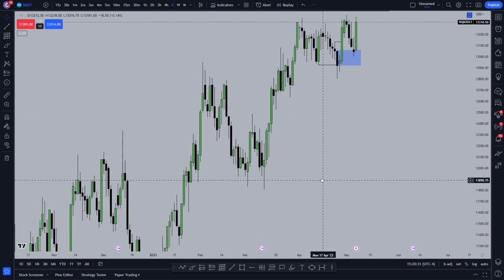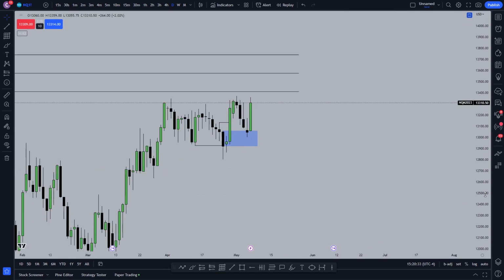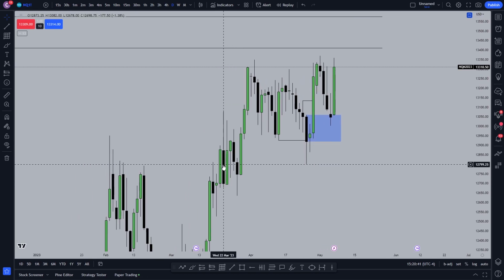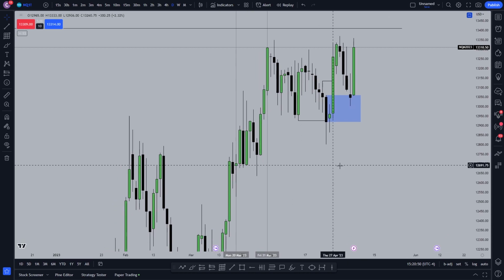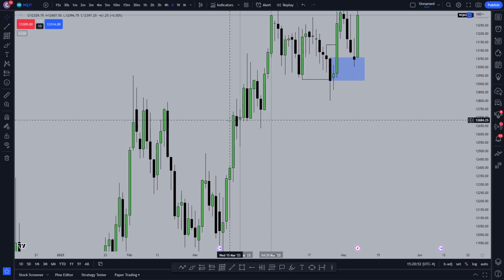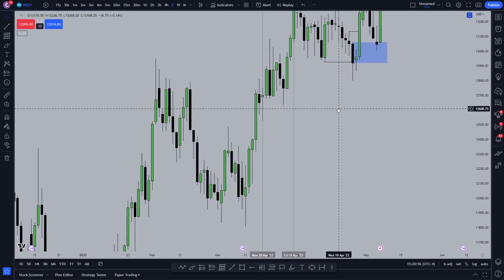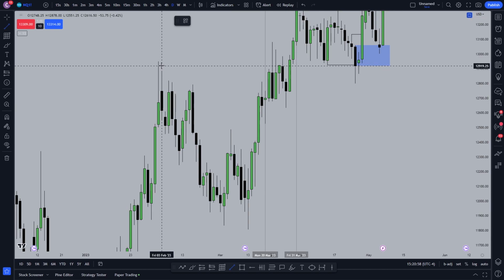So let's look at the last week of March right here. So last week of March would be from this Monday to right here. Now, over here, how would we know that we're going for this buy side liquidity?